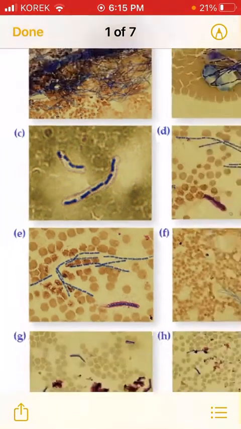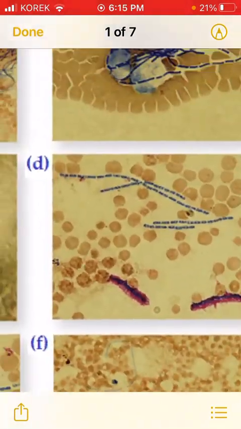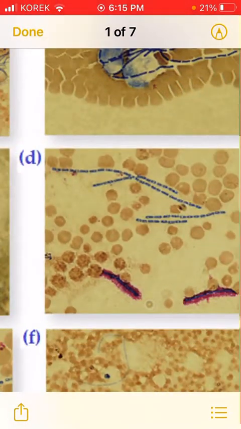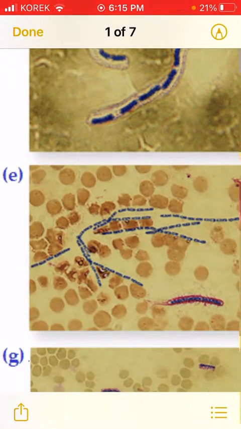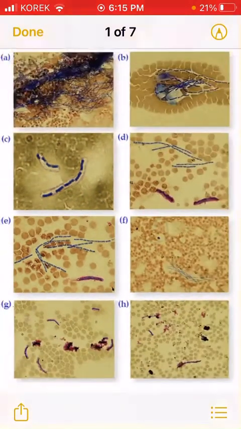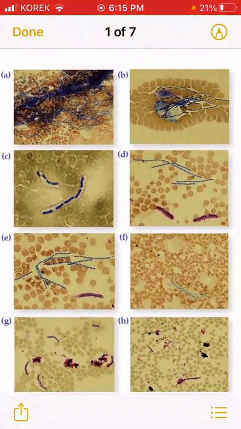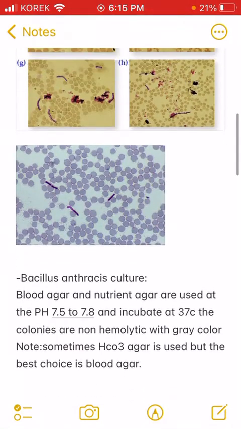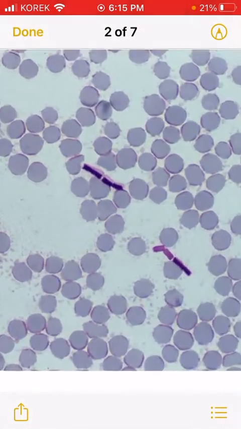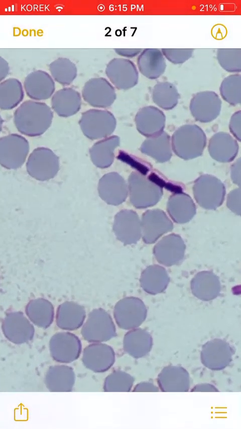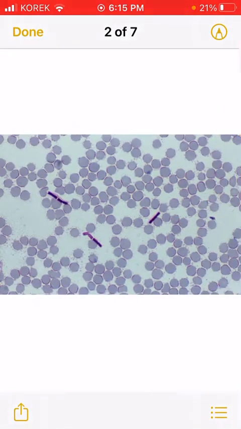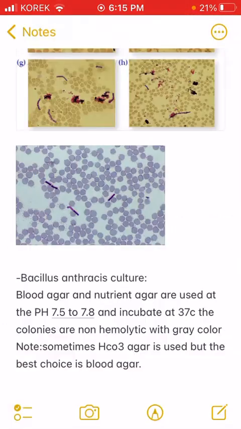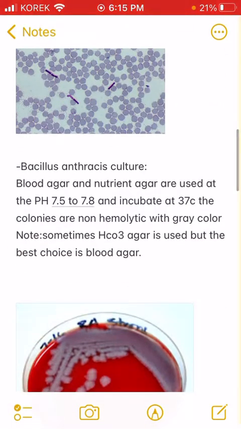As you see here, the bacteria are long and rod-shaped, in blood cells. These are Giemsa stains, and this is the result of a blood smear Giemsa stain. The bacilli are detected. Here is a short bacillus. In this case we have a short bacillus, but anthrax is a long bacillus, rod-shaped, capsulated, spore forming.